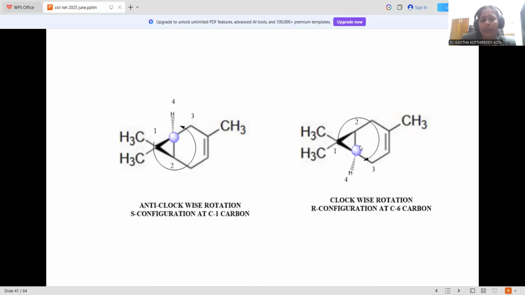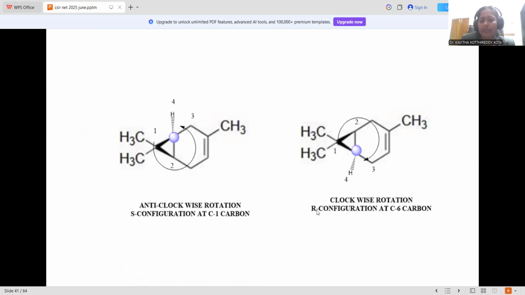Let me go with the other carbon atom, at position number 6. At position number 6, the highest weightage carbon is located, and the next weightage carbon is on this side. Here the third weight carbon atom is there, and the least, hydrogen, is located away from the viewer at the 4th number. If you are moving from the highest priority to the lowest priority in this dimension, clockwise rotation takes place.